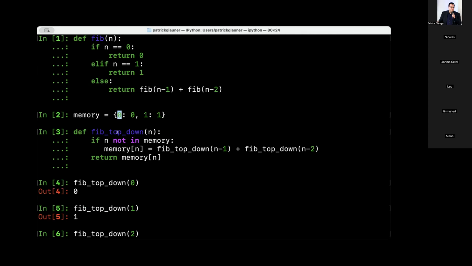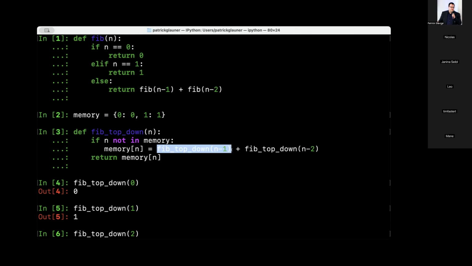But what we have done here is a top-down approach. So we called it fib top-down. And it's eventually just the direct consequence of the recursive formulation of our Fibonacci number problems. And what we do is top down. We are starting with the large n, and we increasingly break it down to smaller n's until we can compute these small n's.